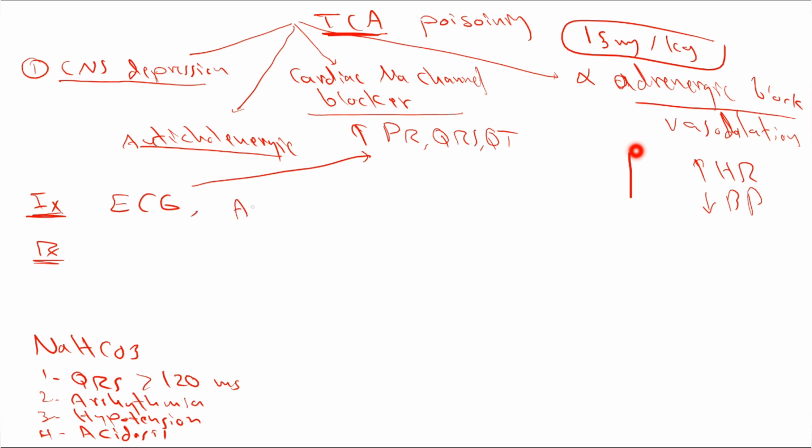Also you look at the ABG because many patients will get acidosis. You may also do renal function tests and maybe creatine kinase. You do glucose level. The treatment usually starts with supportive management with ABCDE.